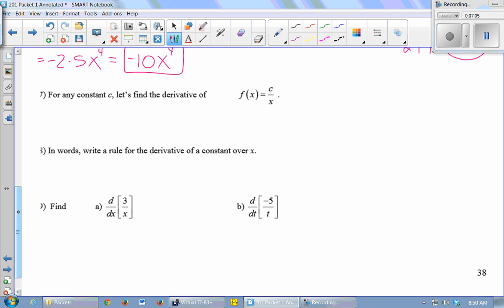All right, so for any constant c, let's figure out what the derivative of c over x is. So I want to take d dx of c over x. And I want to use the power rule because it's the only rule we know so far. So I need to rewrite c over x as c times x to the power negative 1.